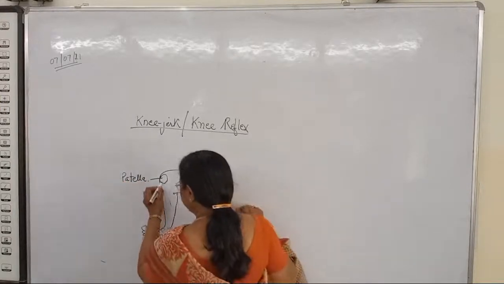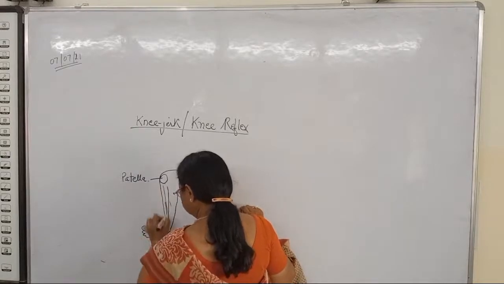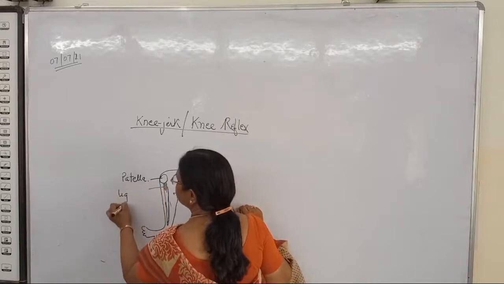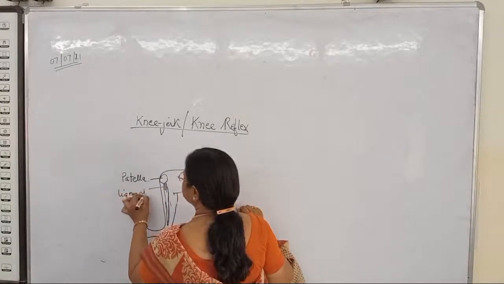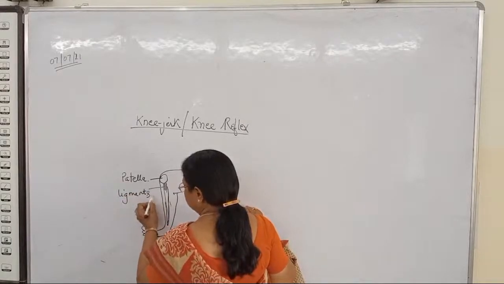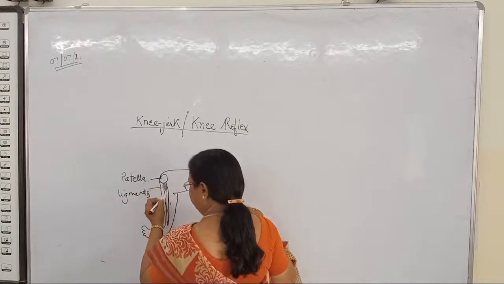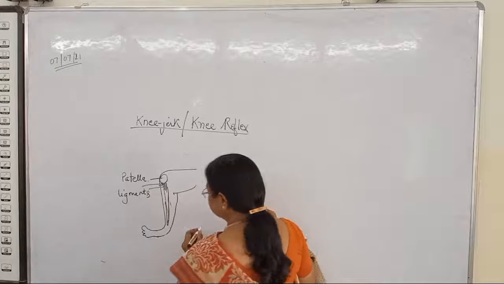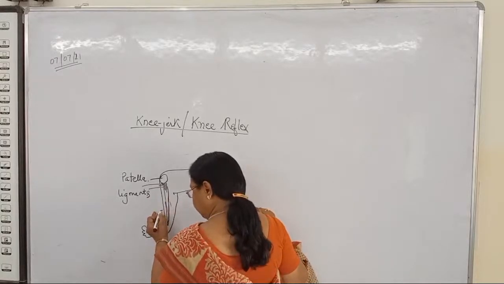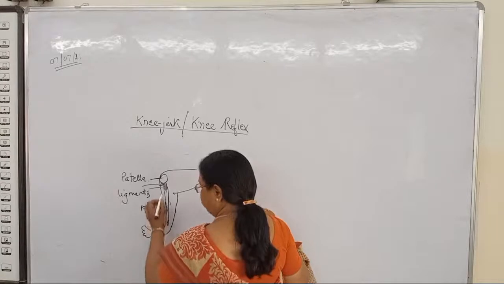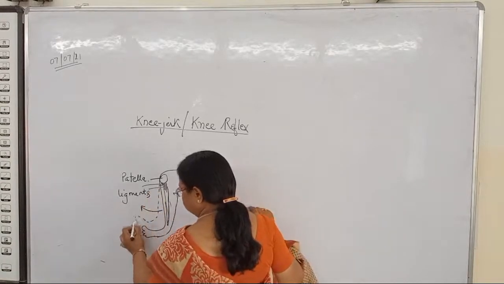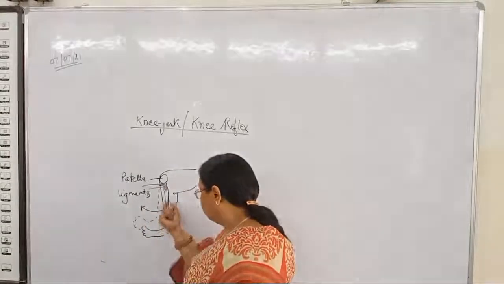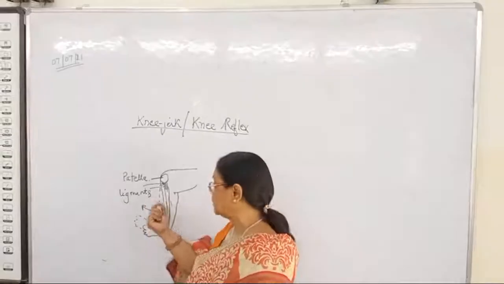And it is joined to your leg bone with a ligament. So you have here ligaments to which this patella is joined to the bone. Now when you strike here, then what will you see? Immediately there will be a reaction and this leg is lifted up. It will move from this position to here. As soon as you keep on striking, this whole leg will move forward. This is the knee jerk.